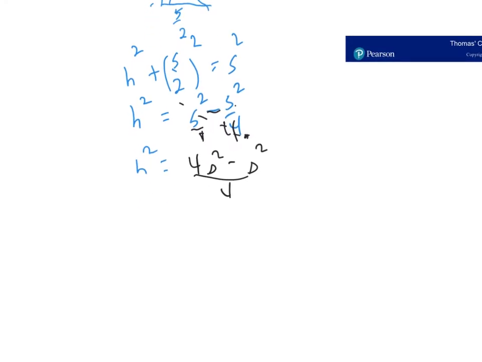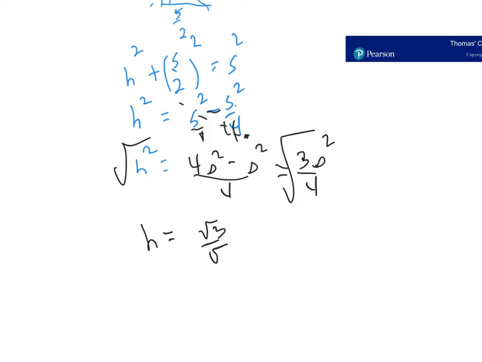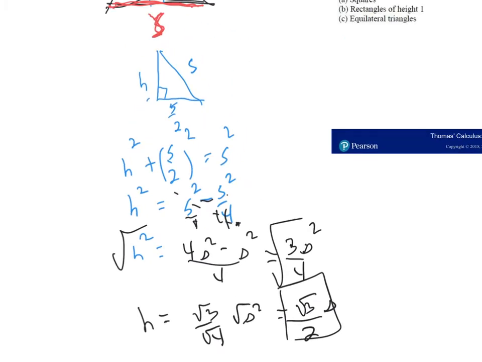Let me finish simplifying. 4S squared minus S squared is 3S squared over 4. Take the square root of both sides. H will be, I only need the positive, the square root of 3 over the square root of 4 times the square root of S squared. Turns into square root of 3 S over 2. So there's the height.